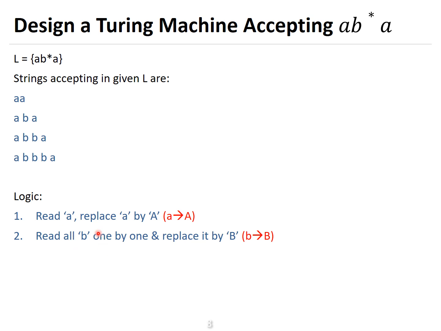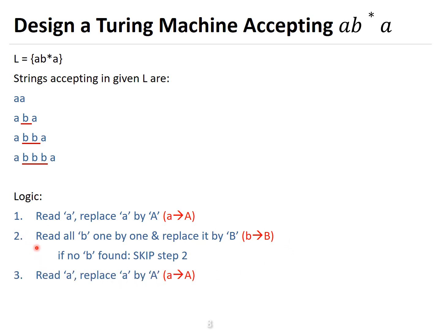Read one after the other and replace each by capital B; you have to write it like this. Then, since it is B star, it can generate an epsilon, so that B could be absent in that place. If no B is found, you have to skip this logic.